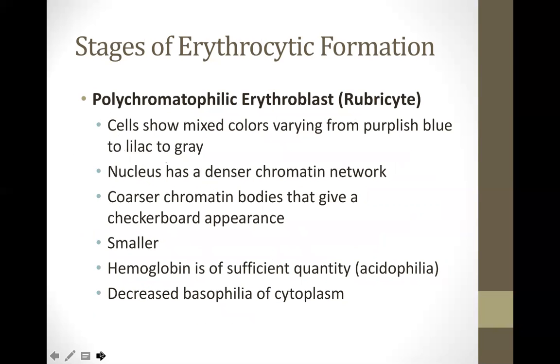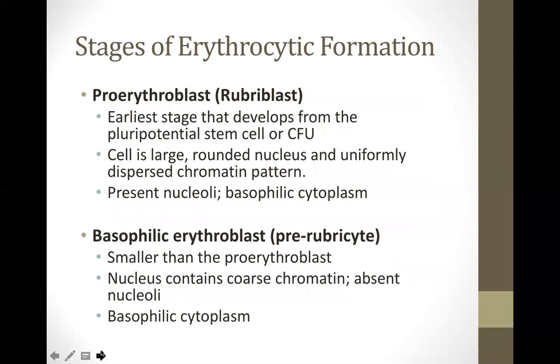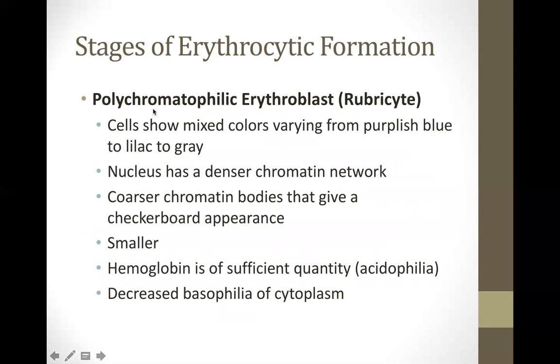Okay. Next is the rubricyte. If the pre-rubricyte is basophilic, your rubricyte is polychromatophilic erythroblast. So, when you say polychromatophilic, okay, pag makulay, rubricyte na siya. Now, the cells show mixed colors varying from purplish blue to lilac to gray.